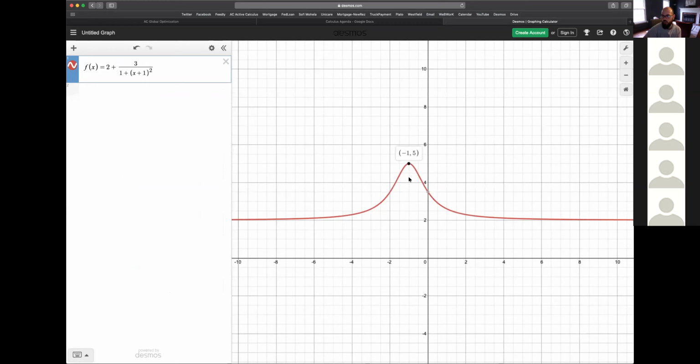We saw that it was a local maximum, and then from -infinity all the way until this point, we're increasing, right? So our outputs are going to be smaller everywhere to the left, and then it's decreasing forever afterwards. So it will always be smaller than this point right here. So this is our global maximum. Okay.